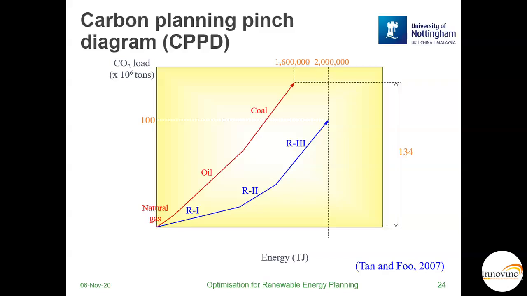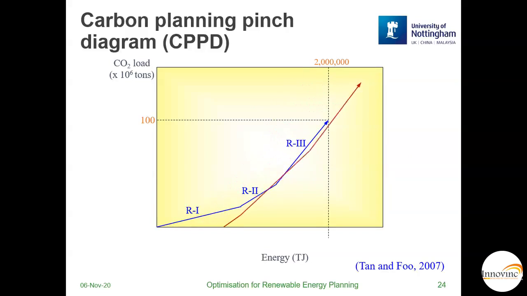We have some fossil fuels with us: natural gas, oil, and coal. Similarly, the slope of these energy sources represents their intensity. The steeper the slope, the higher the CO2 per amount of energy of that source. Now you can see that the three energy sources are insufficient to cater to the needs of the regions. So what we need to do is blend in some renewables.